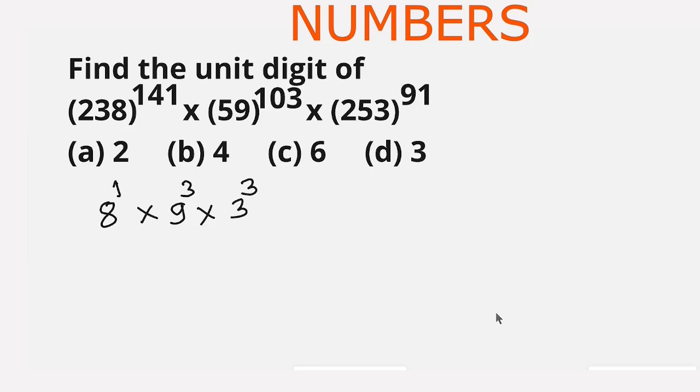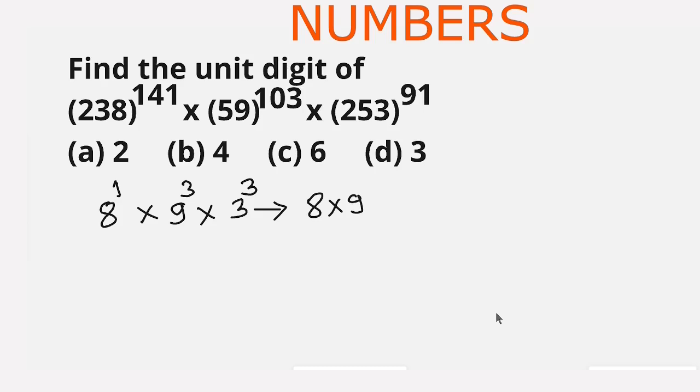Now we know that 8 to the power 1 is 8, multiplied by 9 to the power 3. 9 times 9 is 81, 1 is the ones place of 81, and 1 times 9 is 9. So the unit digit will be 9.